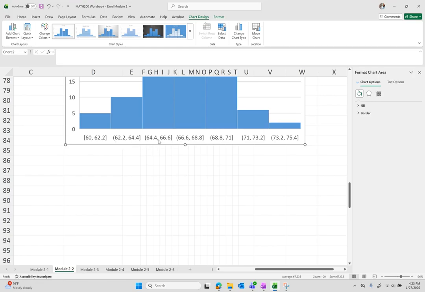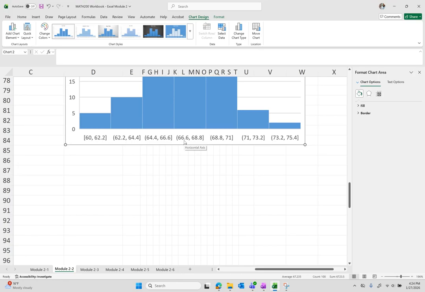And then in the next bin, because we could equal 64.4 in the bin on the left, we cannot equal 64.4 for the bin on the right. And then that will go to 66.6 inclusive. That means you could equal 66.6. But then in the next bin, you cannot equal 66.6.